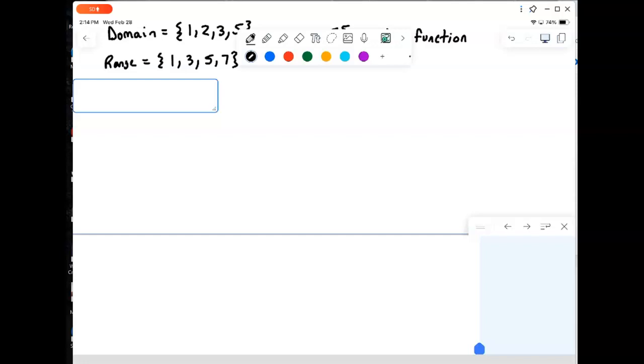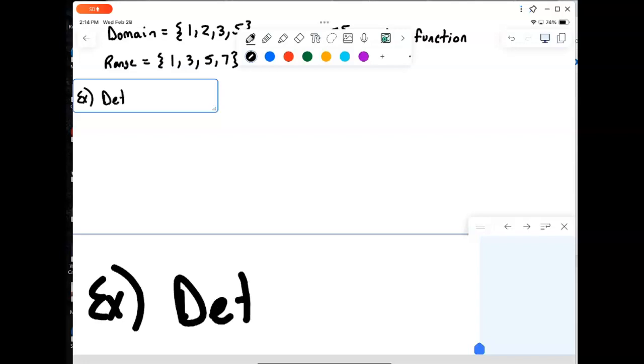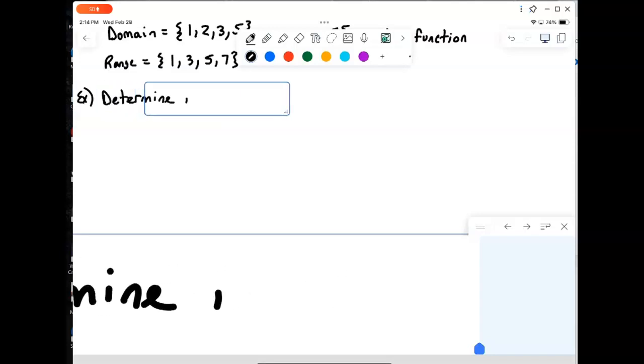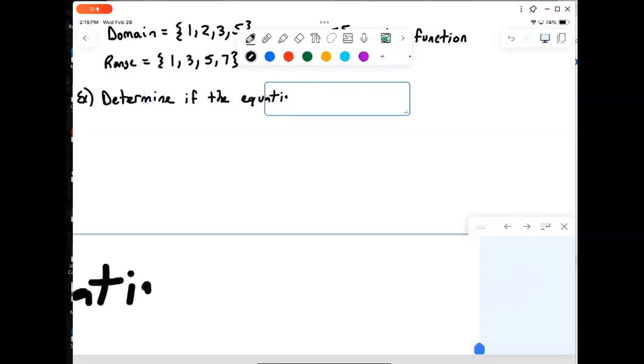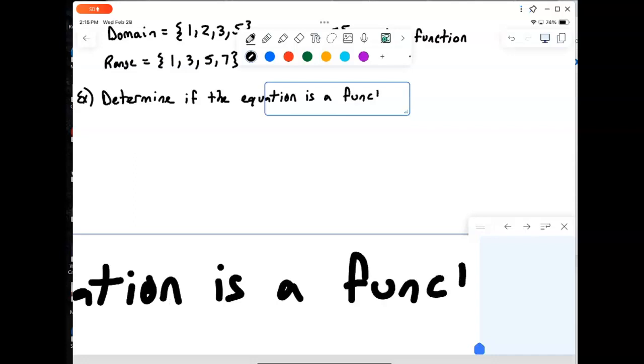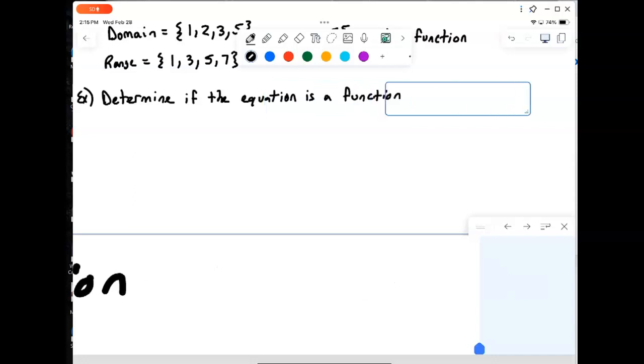So we ask the question here: determine if the equation is a function.